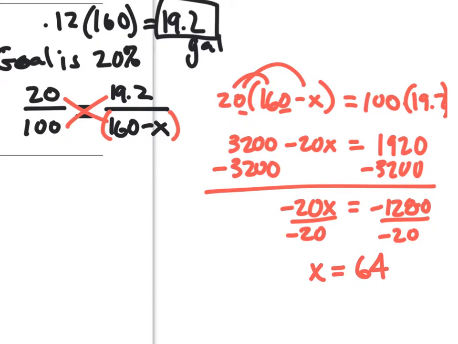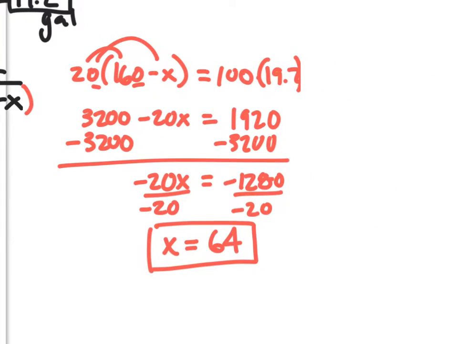So 64 gallons of water left? Well, not left. That's gone. That's been removed, exactly. So 64 gallons of H2O is removed.